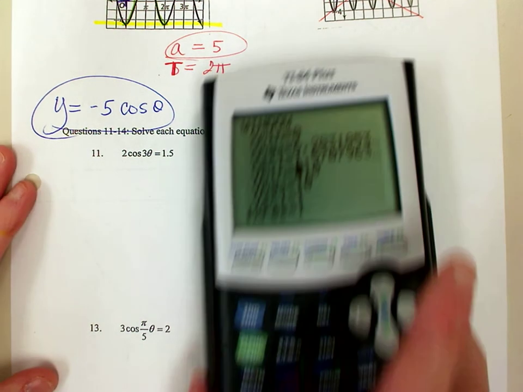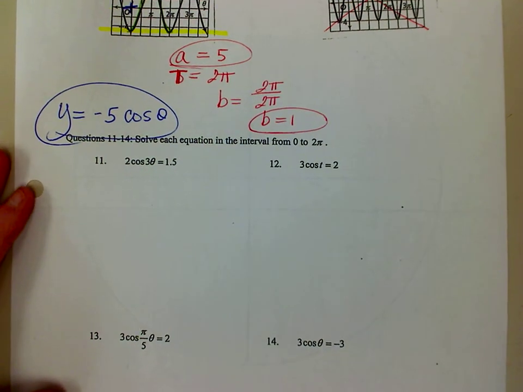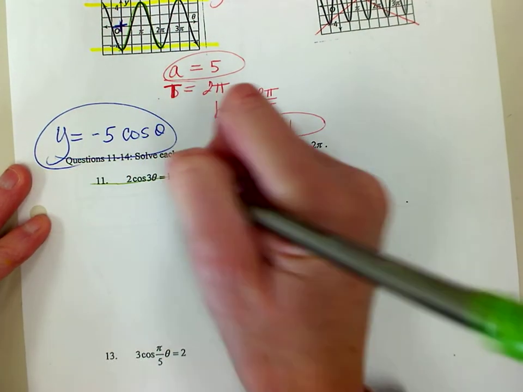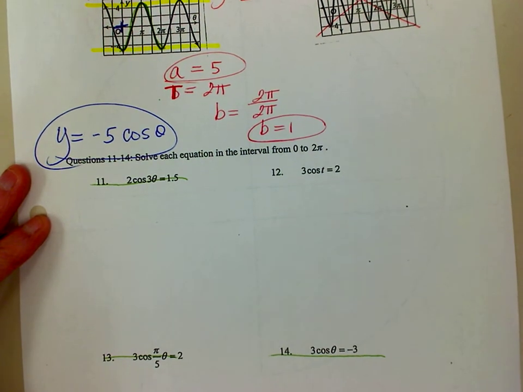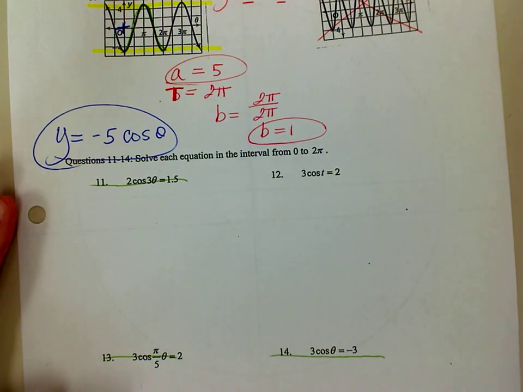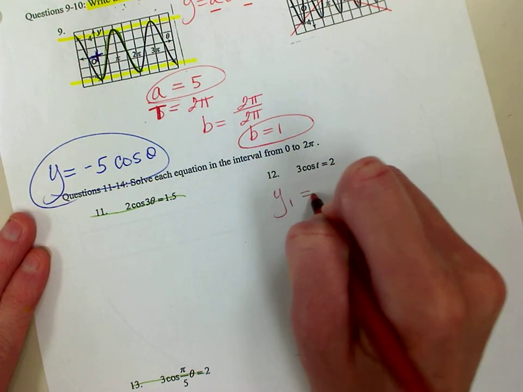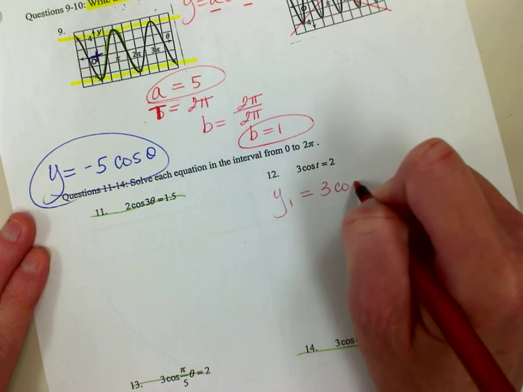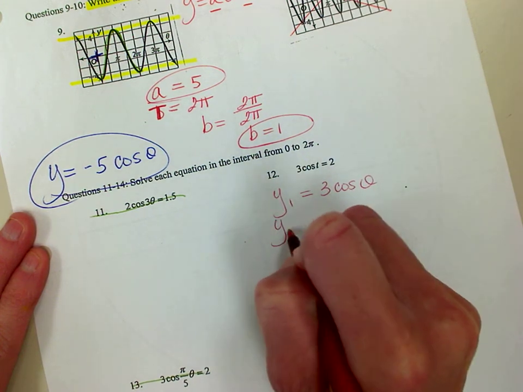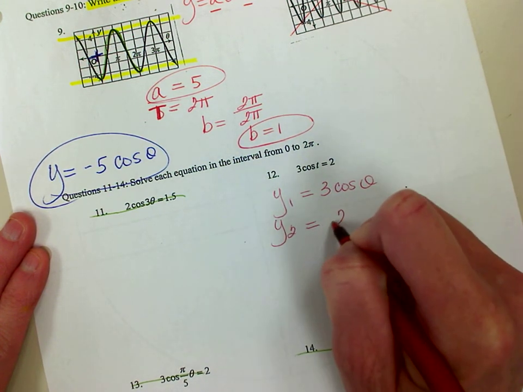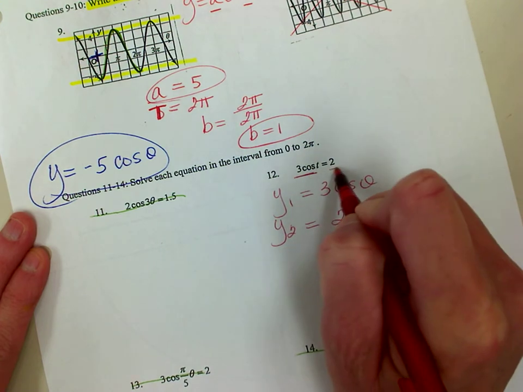Okay, so I'm just going to do 12. I think if I just do one, we should get the rest. So I'm going to put two things in my calculator. And for y1, I'm going to put 3 cosine of theta. And for y2, I'm going to put 2. So this is y1 and this is y2.